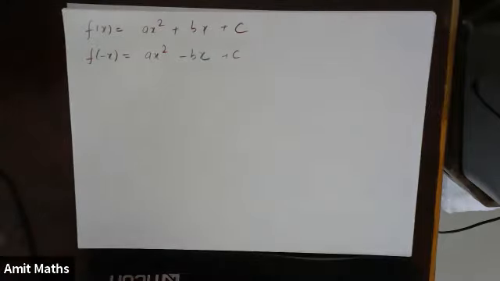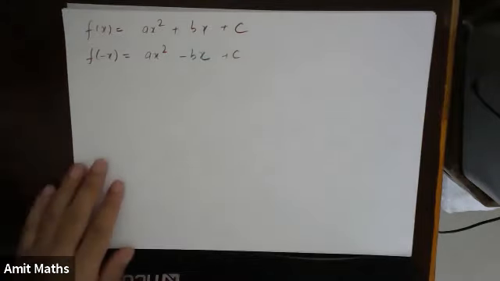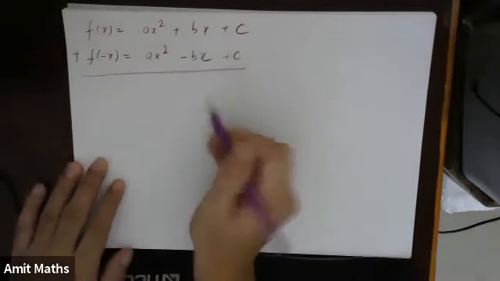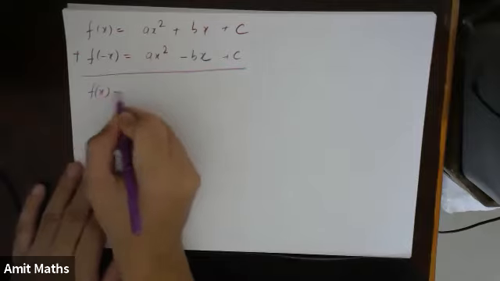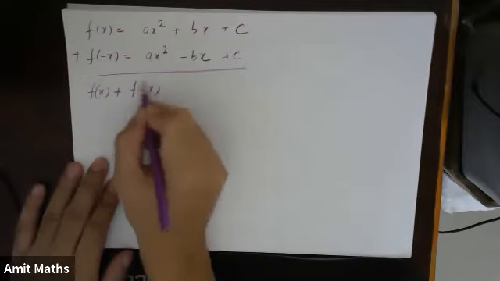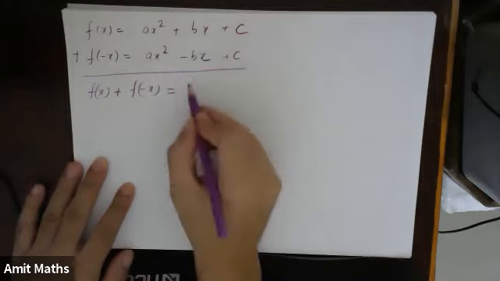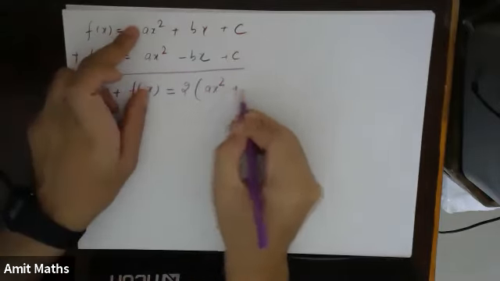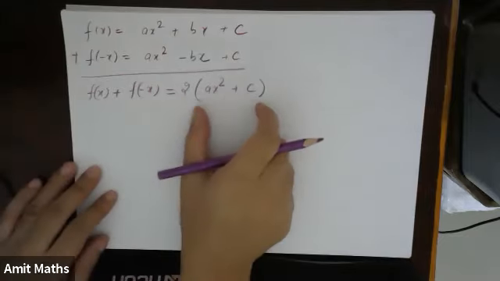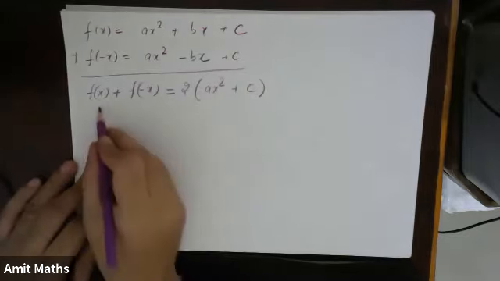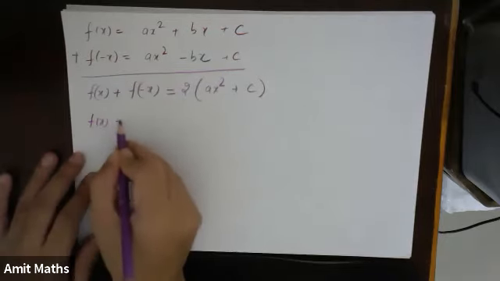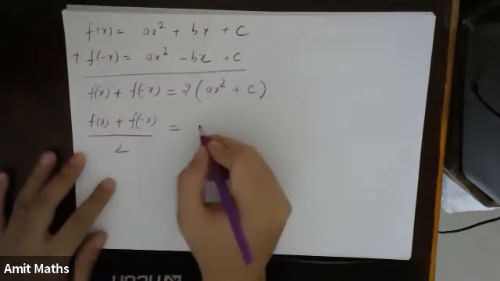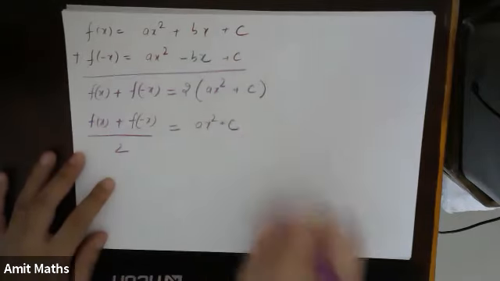So if I add both of them, what will I get? I will get f of x plus f of minus x is equal to 2 times of ax square plus c. Now if I divide this f of x plus f of minus x by 2, this will become ax square plus c.